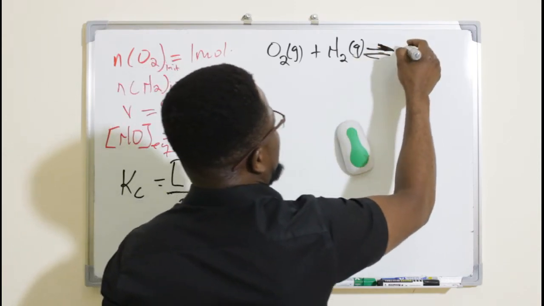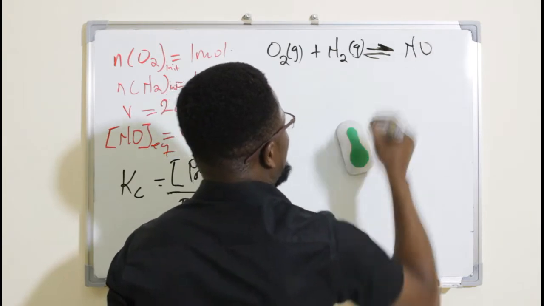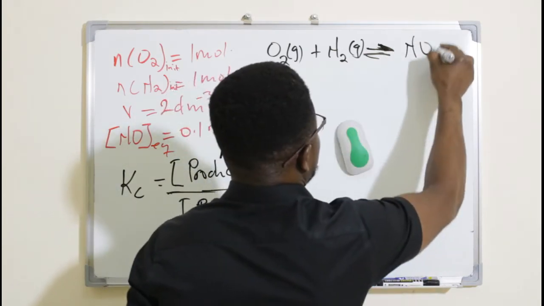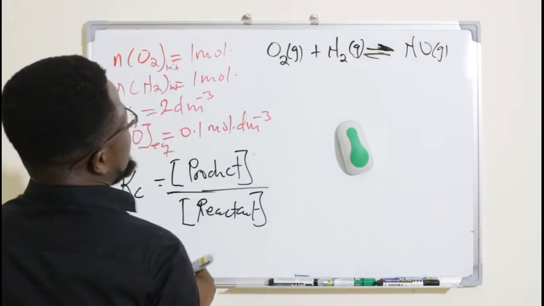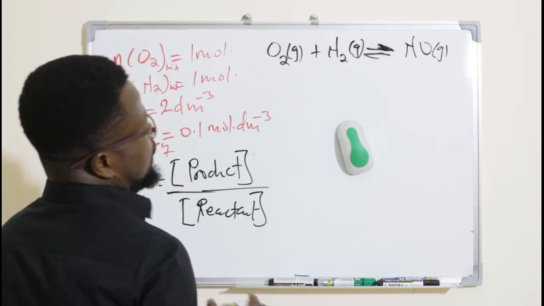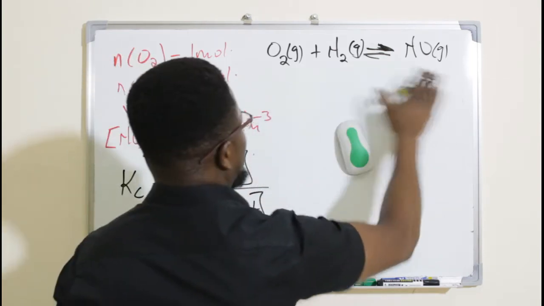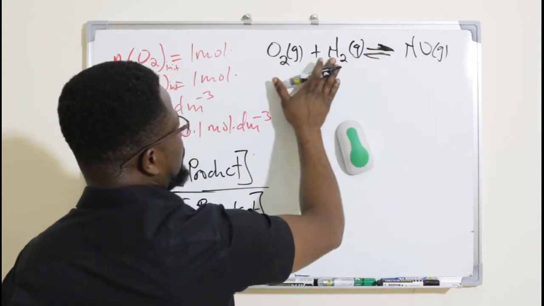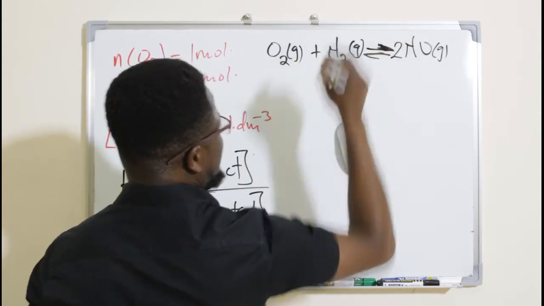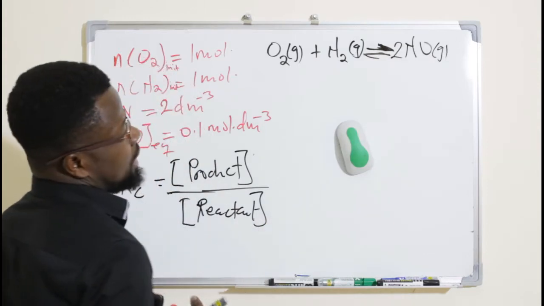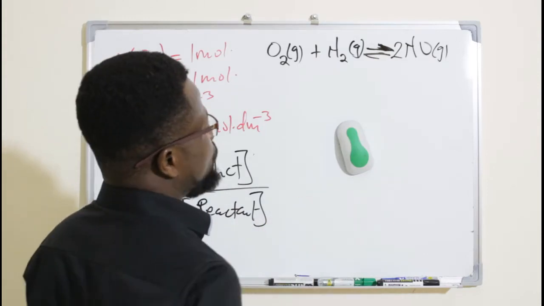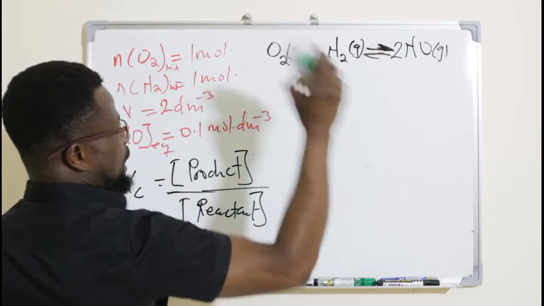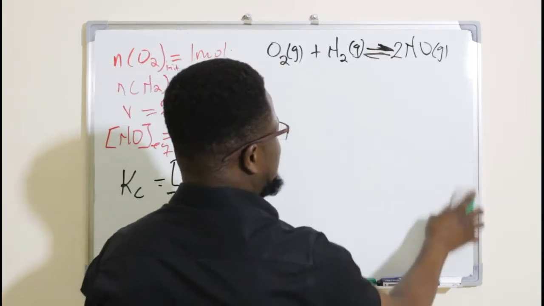The product for this is NO gas. Right. Let's check and see if the equation is balanced. This equation is not balanced because the oxygen is 2, but here it is 1. Nitrogen is 2, here is 1. So once I put 2 here, the equation is now a balanced equation. So we have seen the equation for the reaction.